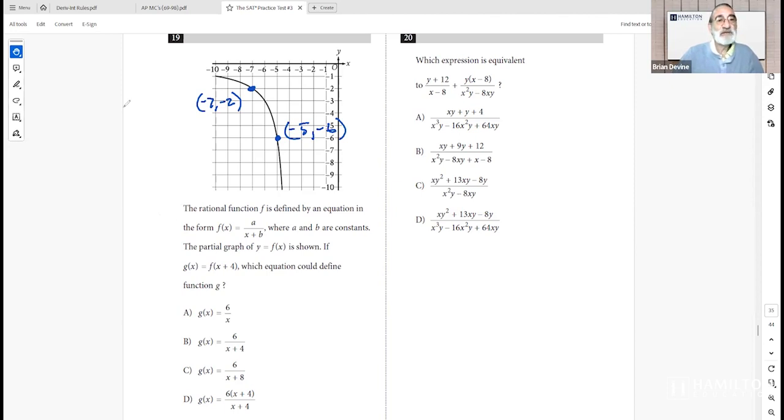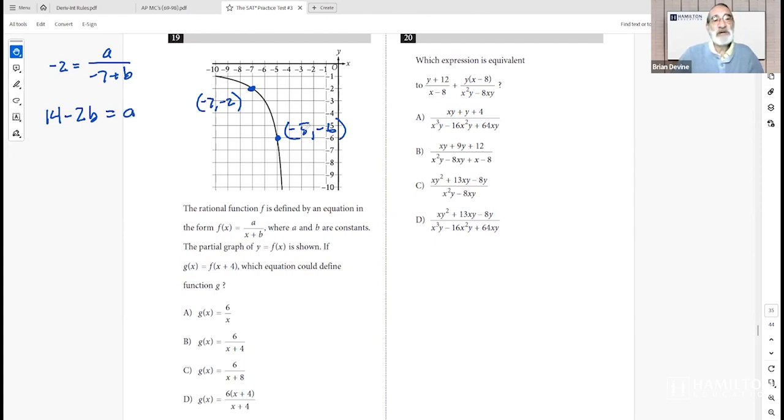So if I take -7, -2 and plug that in, I'm going to get -2 equals a over -7 plus b. And if I multiply both sides by -7 plus b, I'm going to get 14 minus 2b is equal to a.